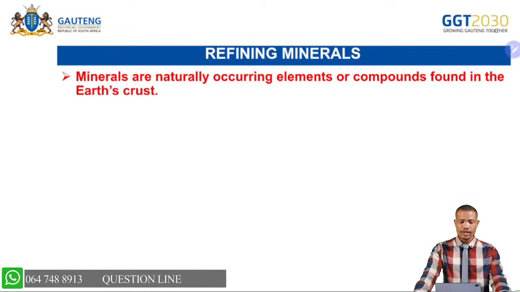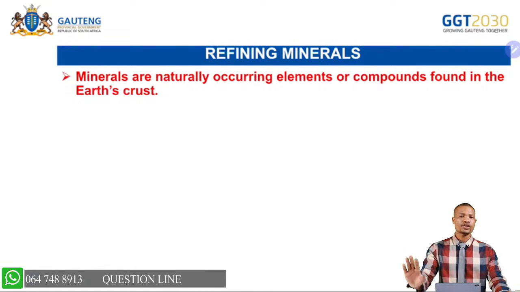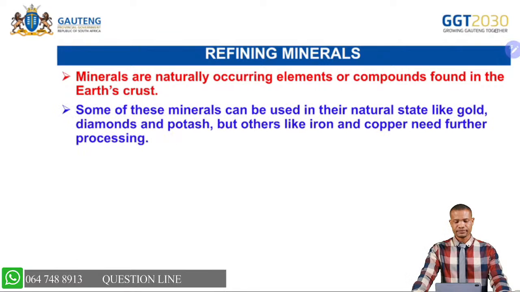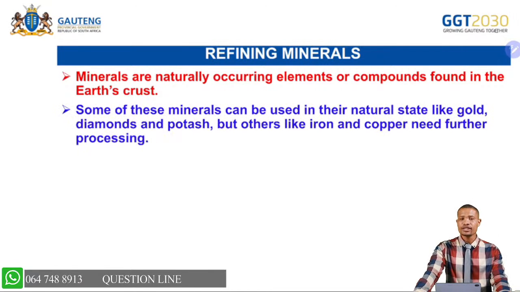Okay, so minerals are naturally occurring elements and compounds found in the Earth's crust. We've already established that, right? Some of these minerals can be used in their natural state, like gold and diamonds and potash, but others like iron and copper need further processing.